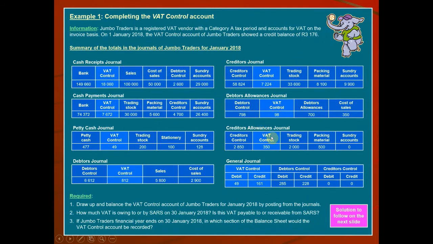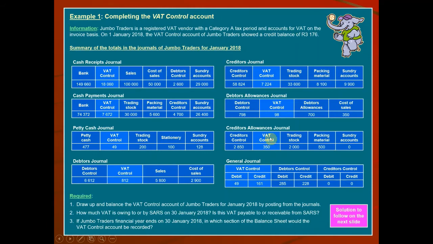Now, the creditors allowance is in a sense the opposite of debtors allowances. You can also see it in a sense as opposite to the creditors. So when we purchase goods, it's an input VAT, so we will owe less to SARS. Therefore, the creditors allowances is the opposite.